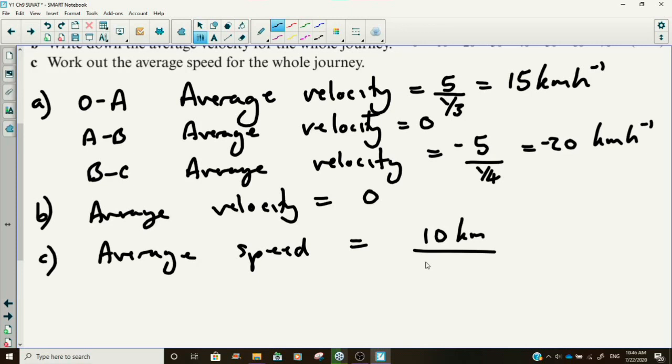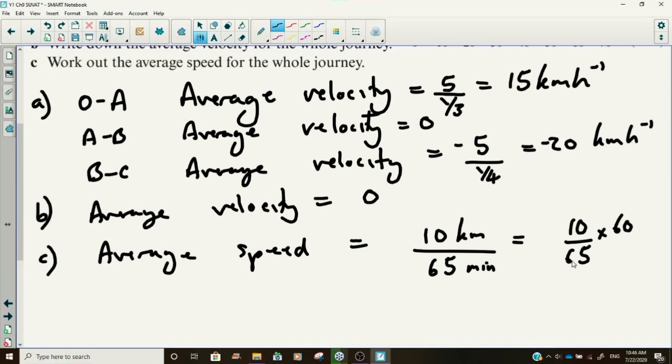So we need to convert these minutes into hours, I should say, sorry. Right, so that's 10 divided by 65 and times 60. What that does is it's basically saying I'm going to divide by 65 divided by 60. And that's the same thing as multiplying by 60 over 65.